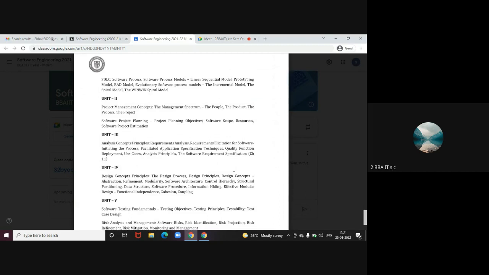And as I was telling, the sequence of steps: the first thing is planning, the second is analysis. What exactly is analysis and what are the principles of analysis? We have many principles to do analysis. Theoretically, what are all the principles? Then how can we implement them? To implement analysis principles, we generally have meetings with the customer.